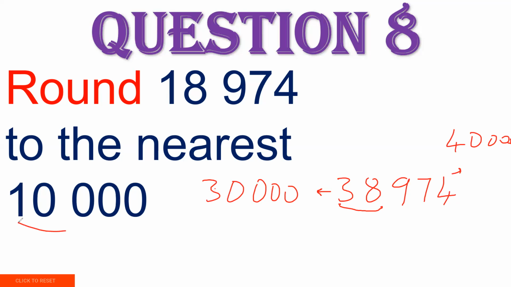So if they said 10,000, then 10,000, 20,000, 30,000, 40,000, just like that you go. And before and after what you have, as you said, 38,000 is close to 40,000. So when you round off to the nearest 10,000, you can just round to 40,000. Just something about other options, to explain and make it easy.